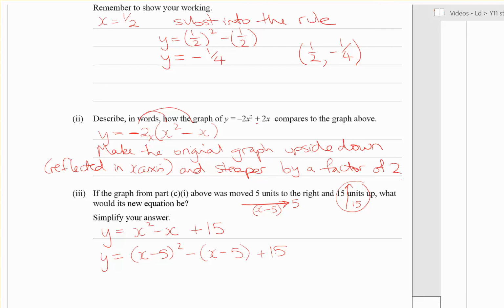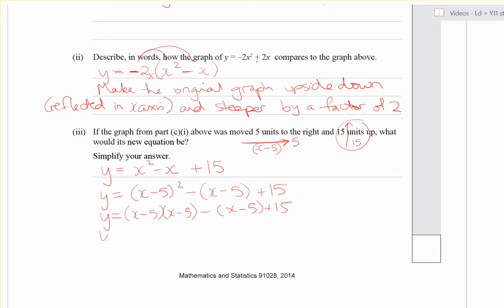Right, and then we should do some expanding on that to work out the equation. That's fine if you want to leave it like that if you're not sure. There's quite a bit of expanding involved. Expanding x minus 5 means writing the bracket out twice. x squared, I'm going to get minus 5x, minus 10x.